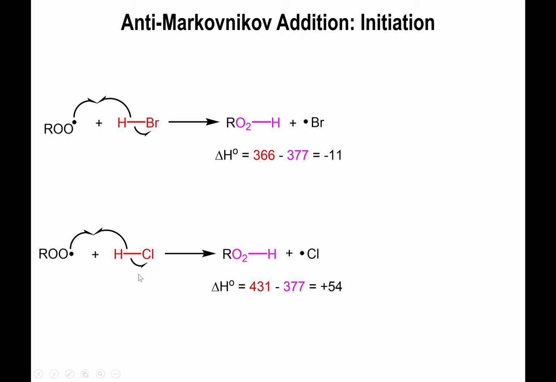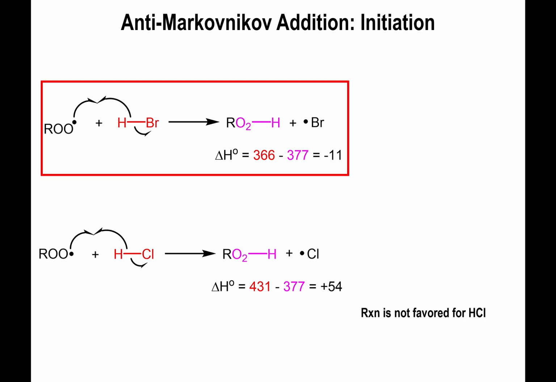Here you can understand why, because when you look at the formation of the organic OH bond, the abstraction of hydrogen, and you compare it to how much energy you have to put in to break the HCl bond, the overall energy difference is positive, meaning that you actually have to put in energy for this process to happen. So you never actually produce chlorine radicals in your etherate solvents. But if you use HBr, that's where it is likely that a bromine radical can actually be formed.